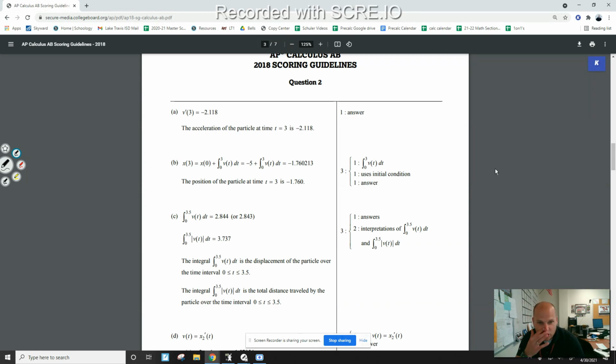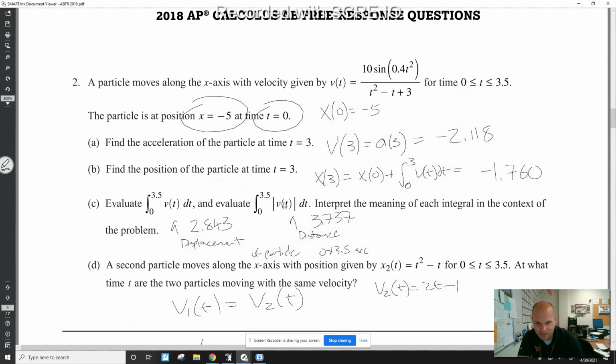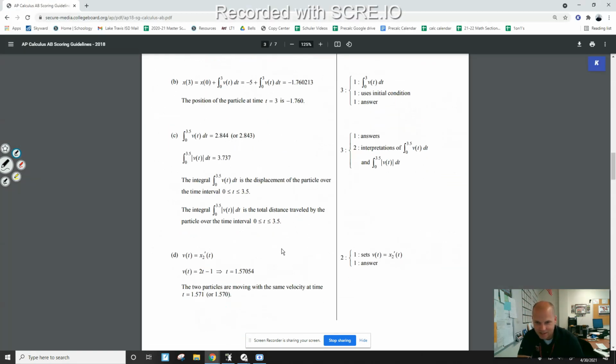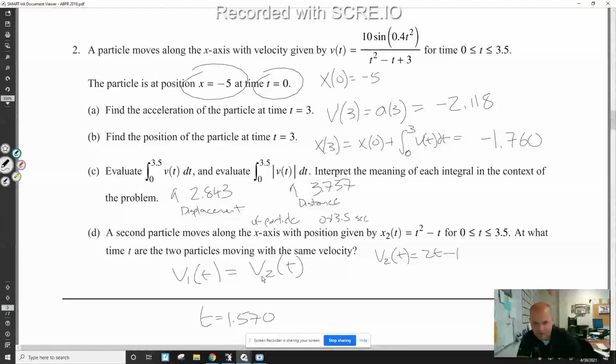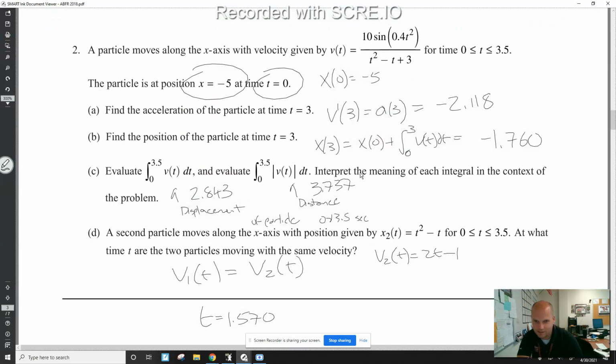Oh my gosh, this is easy, 3 points. Interpretations and answers. Displacement and distance is a piece of cake question, guys. 1.570 or 1.571, 2 points. Oh, man, that was easy.